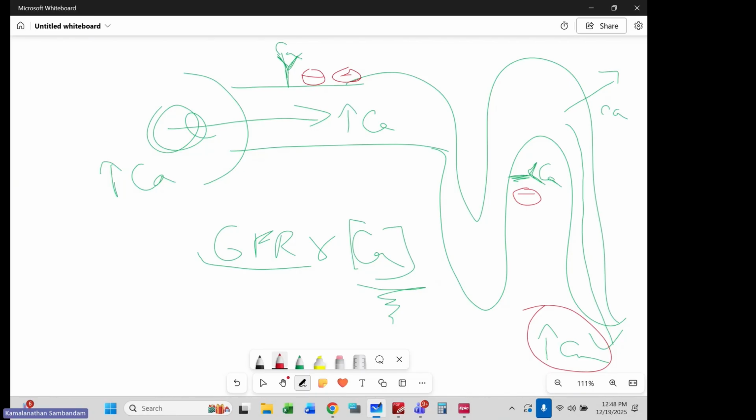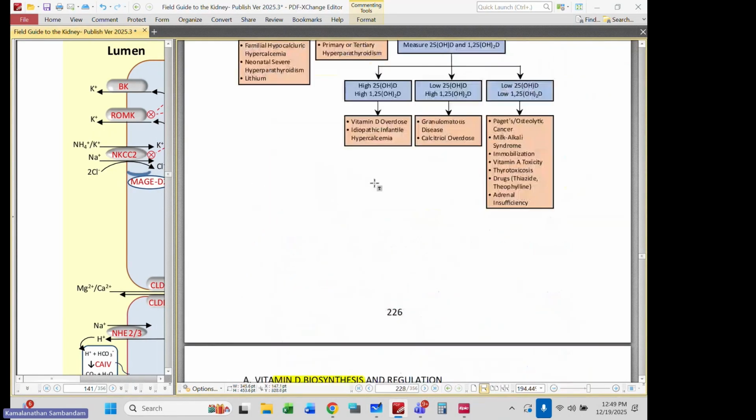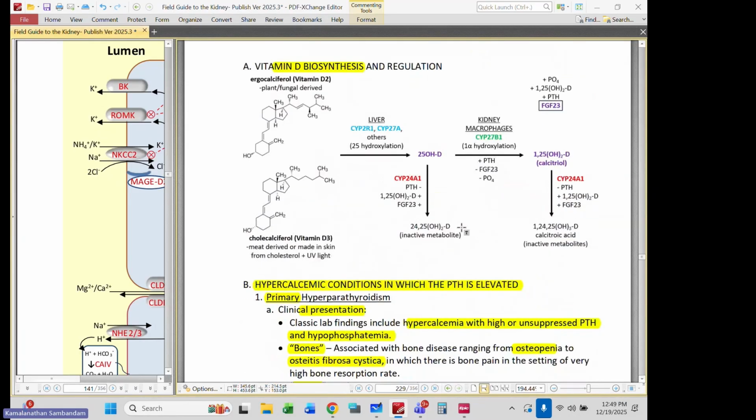Okay? One reason you might see hypocalciuria or normal calciuria in a patient with primary hyperpara is because, as I mentioned, if you have primary hyperpara, you may ultimately start to get vitamin D deficient. Vitamin D deficiency may ensue either through diet, and ultimately the half-life of calcitriol fades, or calcitriol levels fade.